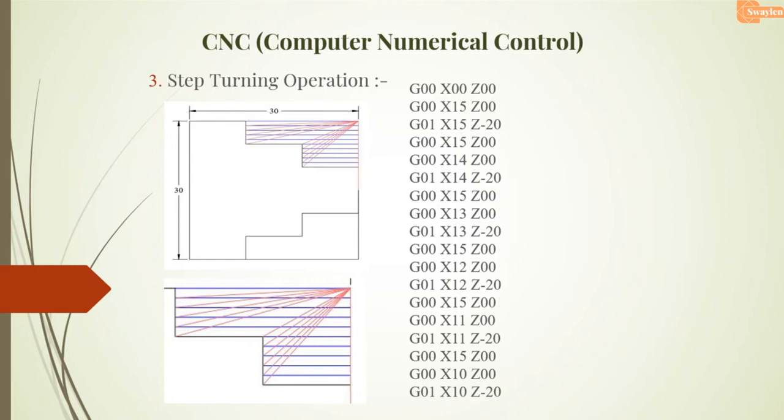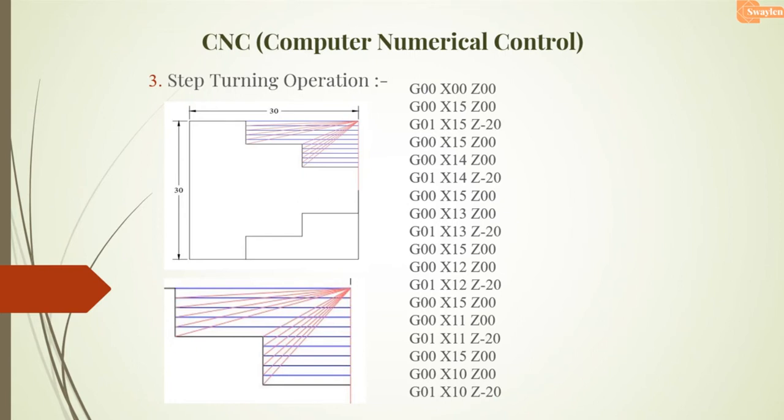Okay. Next code is G00, X13, Z00, which means again the tool moves 1 depth. Next is G01, X13, Z minus 20, which means again the cut is here.